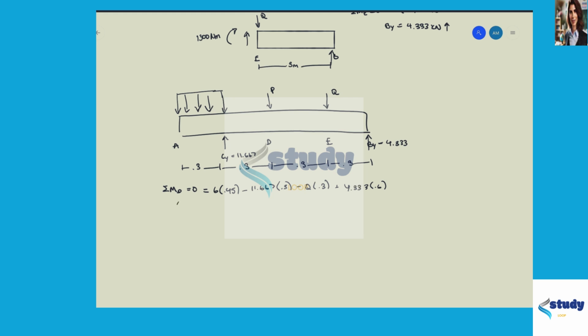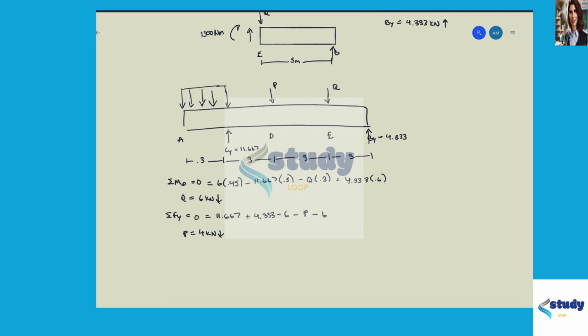And solving for all that, we get Q is equal to 6 kilonewtons. And then I can do the sum of forces in the y direction, and we get 11.667 plus 4.333 minus 6 minus P minus 6. And P equals 4 kilonewtons.